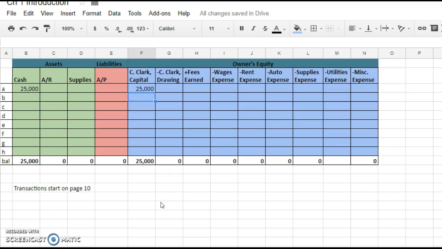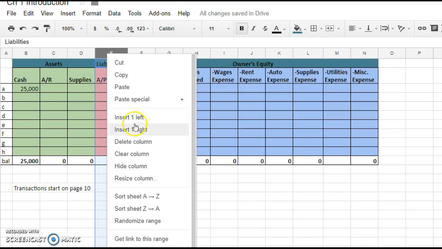Next, B. And this is found on page 11. Net Solutions paid $20,000 for the purchase of land as a future building site. Well, let me get my land account in here.